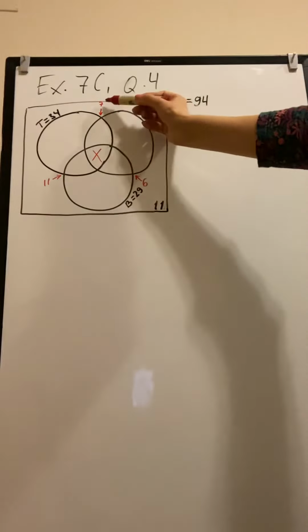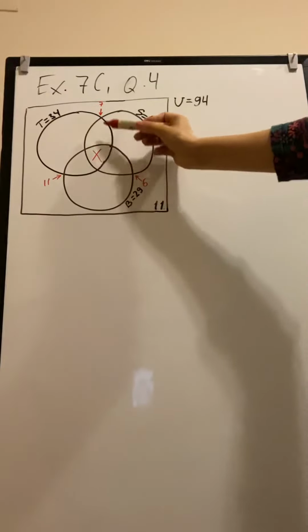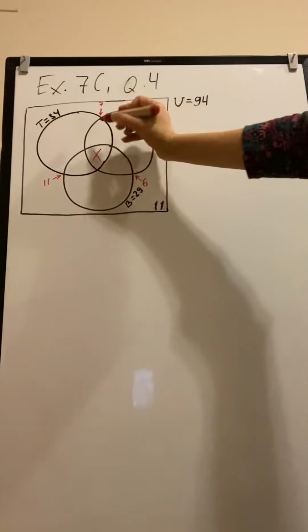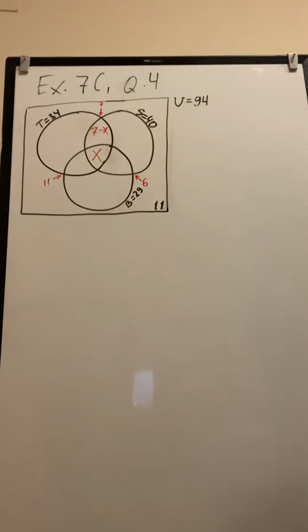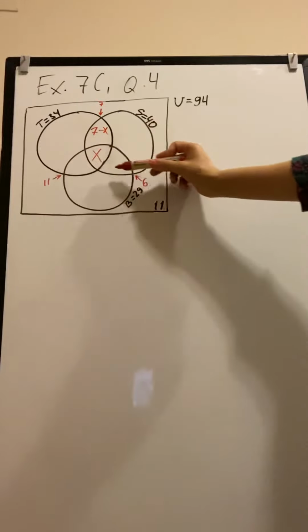Let's do exactly that. This area is 7. Part of it is X. So what's left? 7, all of it, minus X. That's what I'm going to write in that area. By the same token, this is 6, all of that.